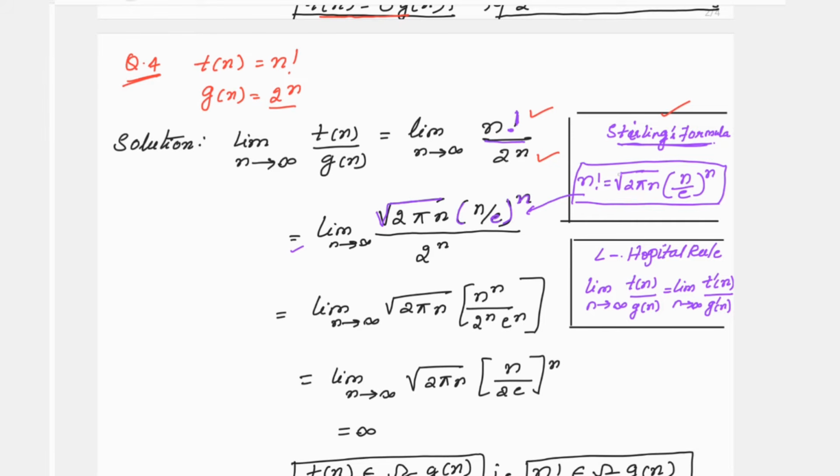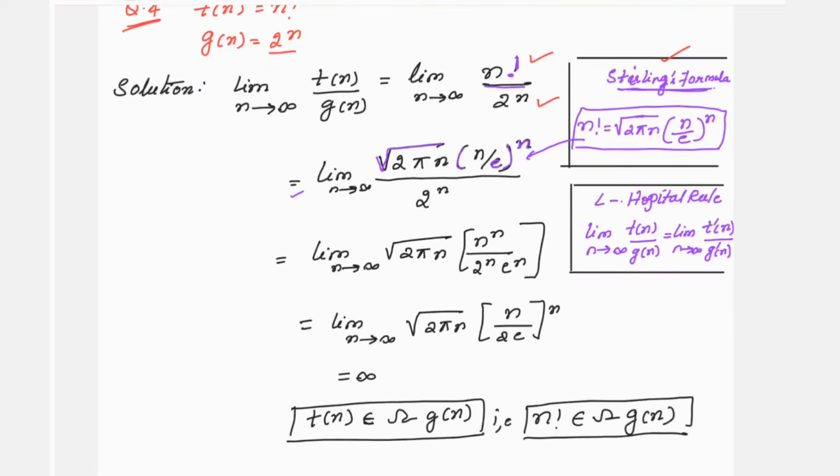So this Stirling formula you substitute, and then you will get 2 to the power of n as it is. Then you can simplify these terms. Under root 2 pi n as it is, then n divided by e to the power of n in the numerator and 2 to the power of n in the denominator. So once you simplify, you will get n divided by 2 into e to the power of n.